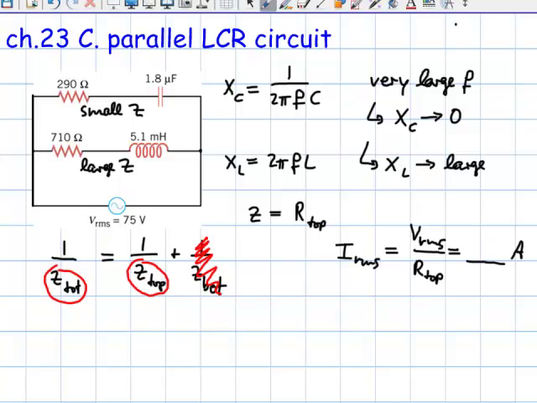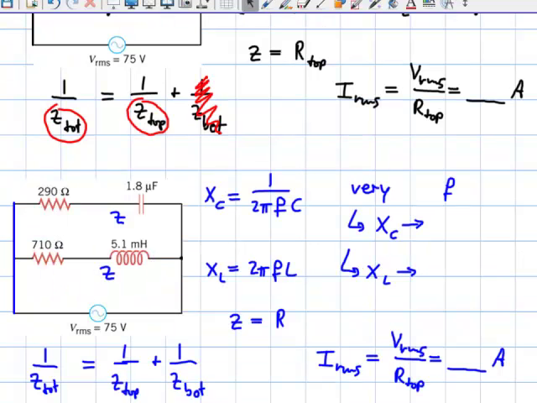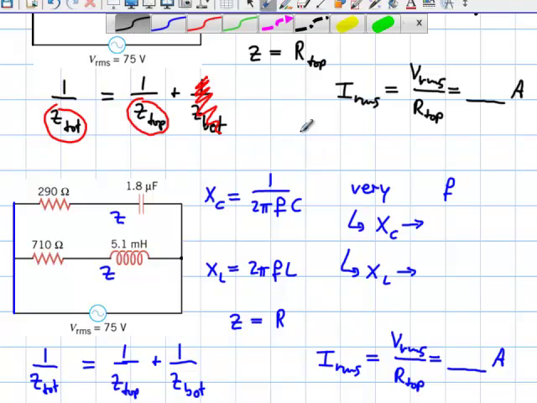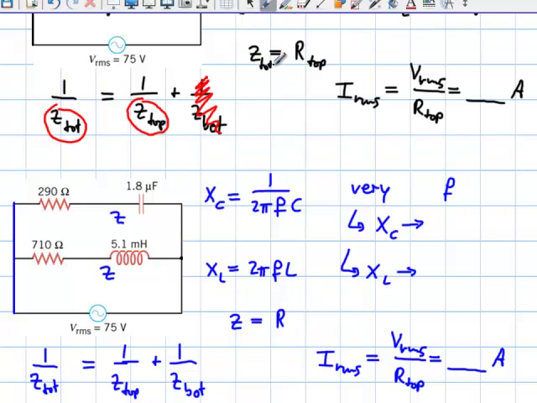Okay, then for the very small frequency, I'm going to copy all of this one and put it further down. I was able to pretty much copy everything over here. I guess I could have written that. That is the Z total.